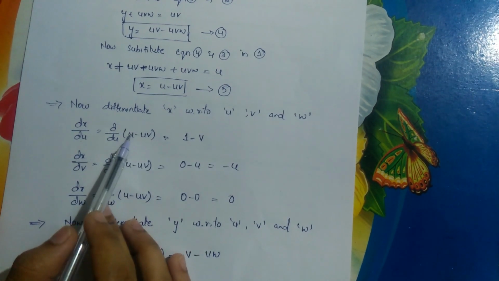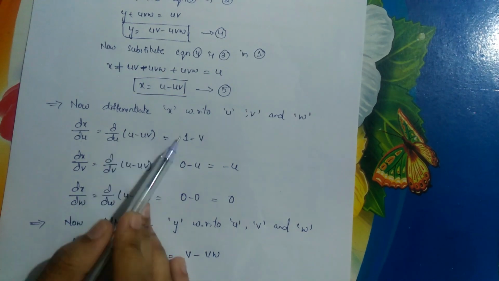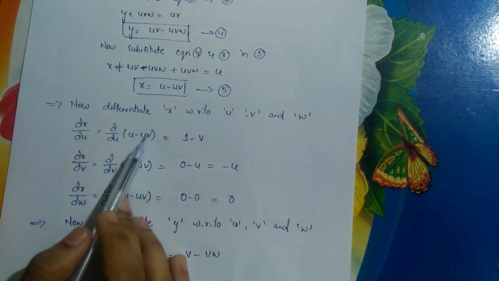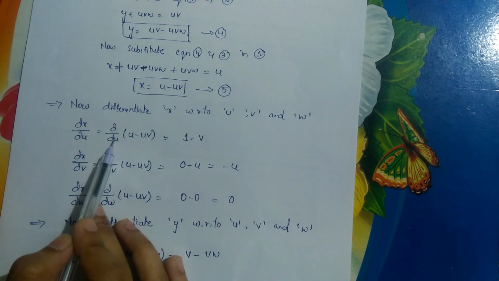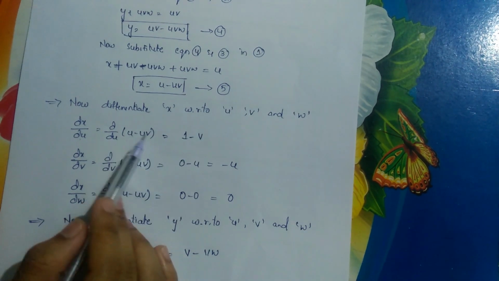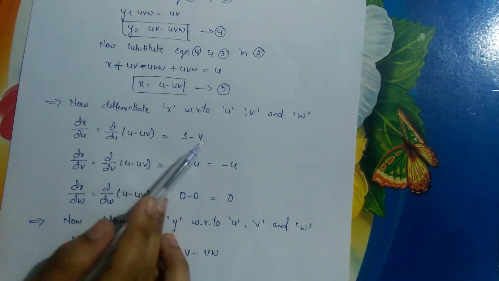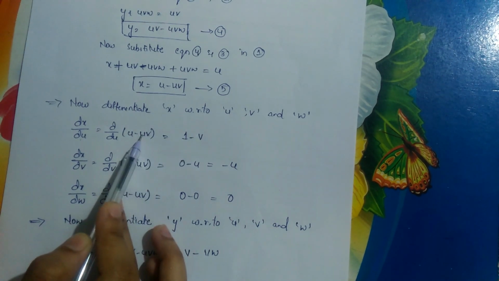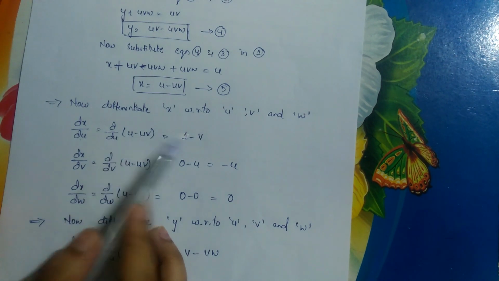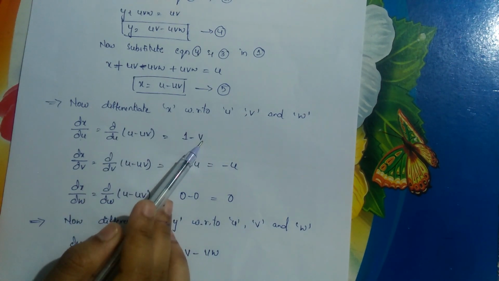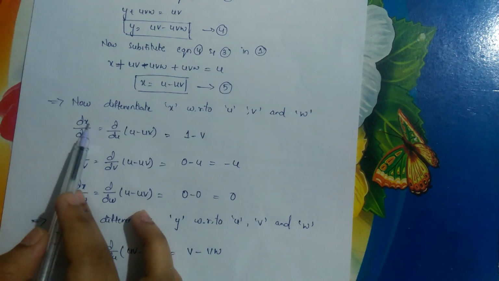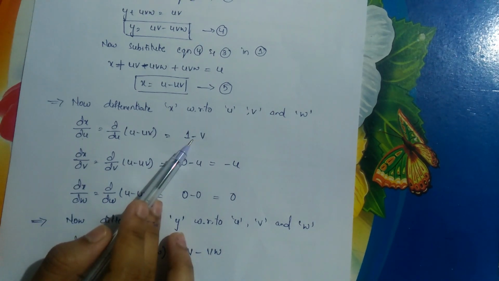Differentiation of u with respect to u is 1, minus uv differentiated with respect to u is v. When differentiating here, v is treated as constant, so write v as it is, and u differentiated with respect to u is 1. So 1 into v is v. Therefore ∂x/∂u equals 1 minus v.